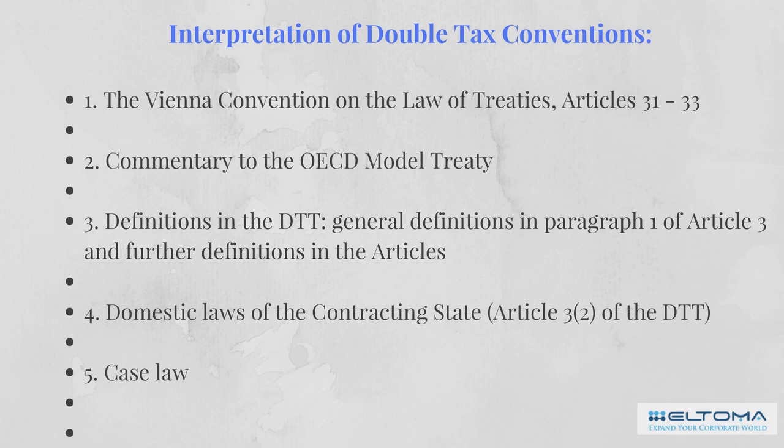Where the treaty does not define a term, a definition in the domestic laws of the contracting states may be used. This is provided in Article 3, paragraph 2 of a typical double tax treaty, either based on the OECD model or the United Nations model. The paragraph refers to the application of the convention by contracting states, which is the state applying the treaty, so the source state.